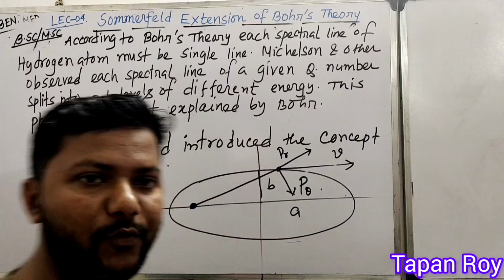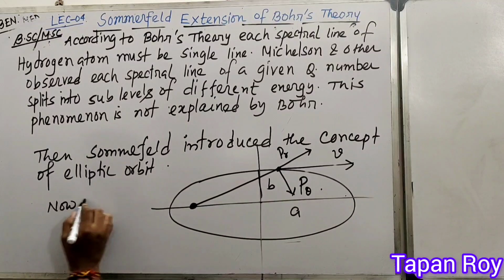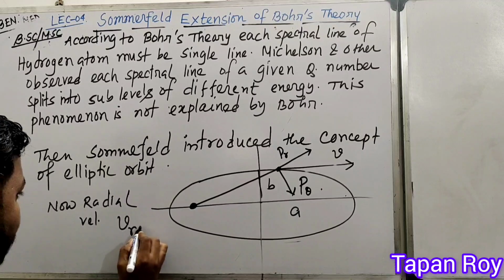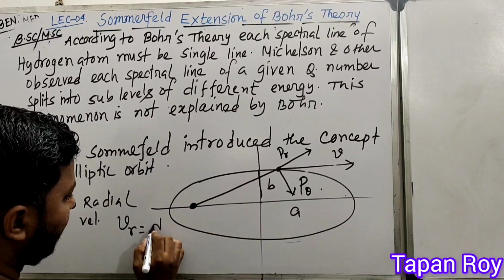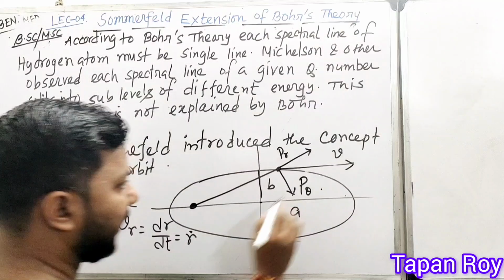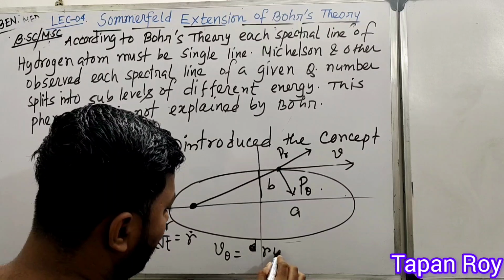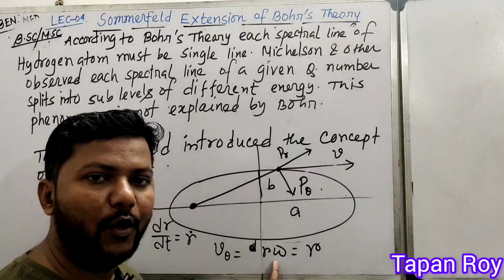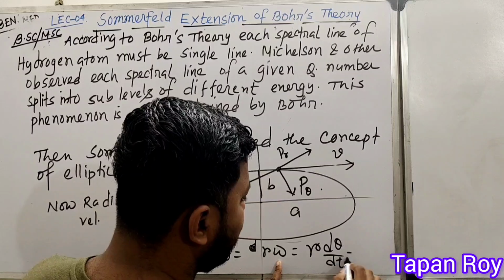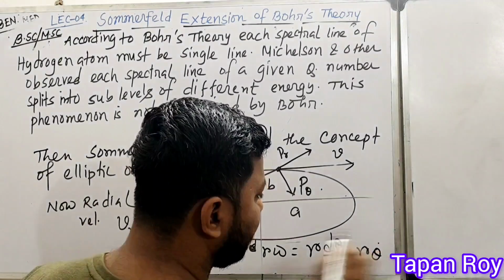Now we know the radial velocity: v suffix r is equal to dr by dt, which is r dot. And v theta is equal to r into omega, where omega is d theta by dt, so it is r theta dot.